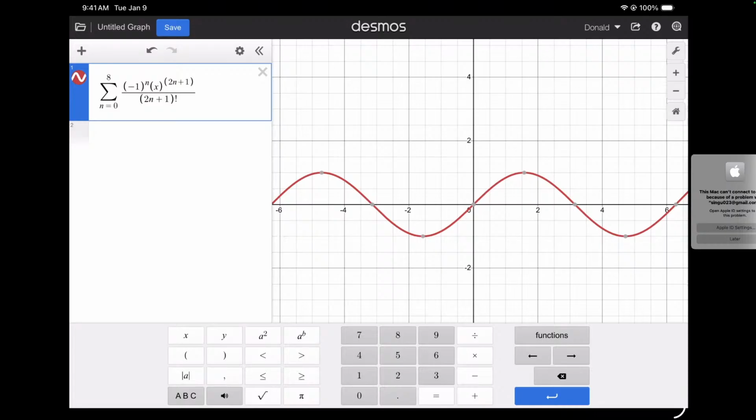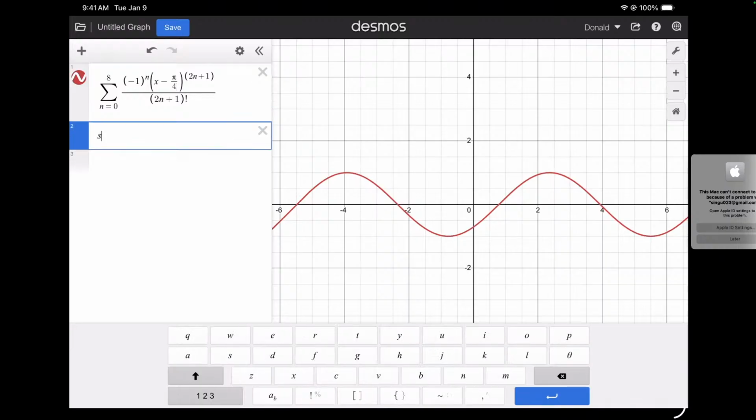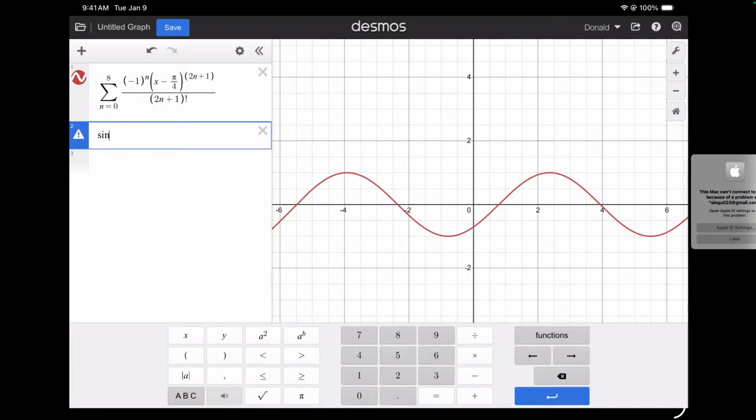If we want to move the center to the right by pi over 4, it will be x minus pi over 4. And you see that this becomes the sine of x minus pi over 4.